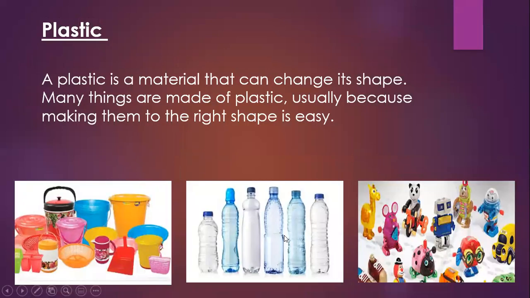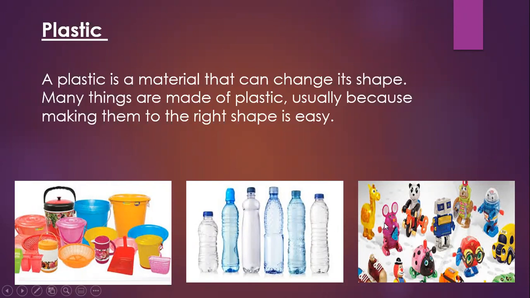Then we have plastic. Plastic is a material that can change its shape. Many things are made of plastic, usually because making them into the right shape is easy. Plastic is easy to use. Plastic is a man-made thing. Look, these buckets, these different tools, your water bottles, your toys, they are all made of plastic.